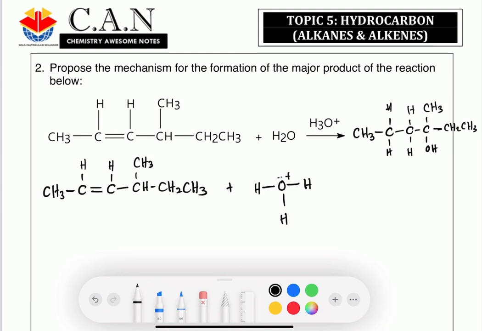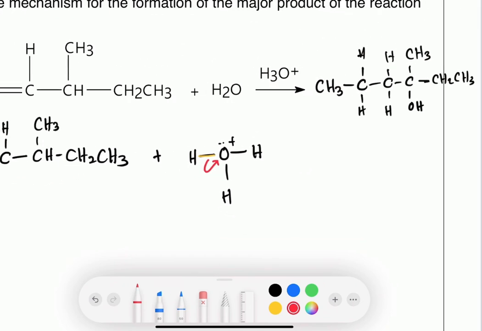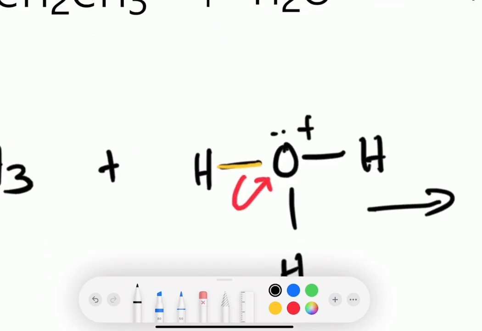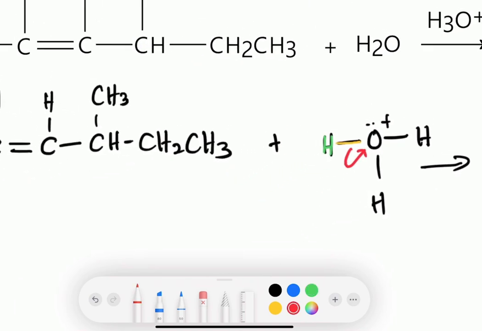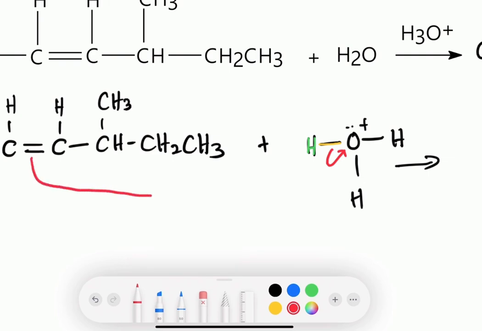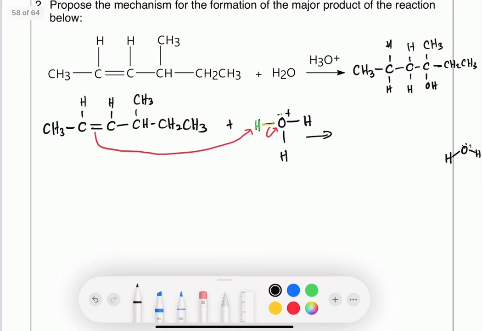As we know, this bond will undergo heterolytic cleavage to produce water, so I put it here. And this H will become H+, which is an electrophile. And therefore, the double bond, which is full of electrons, will attack it, and we are going to get this.